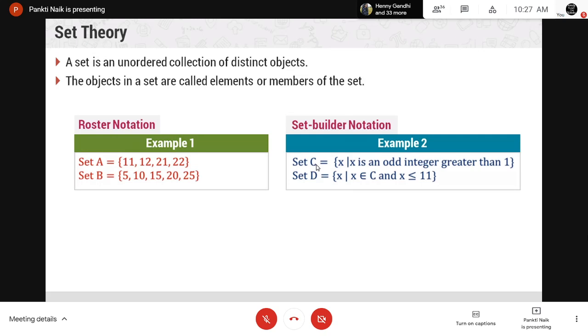In this set, C is equal to, in curly brackets, x is an odd integer greater than 1.